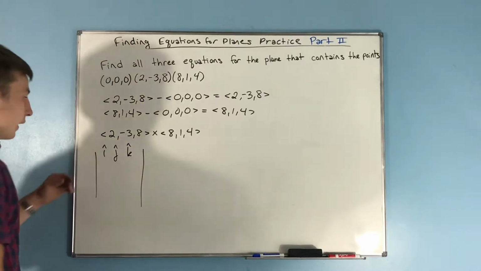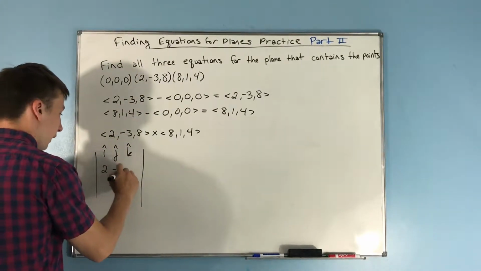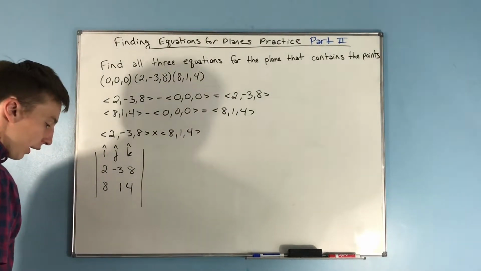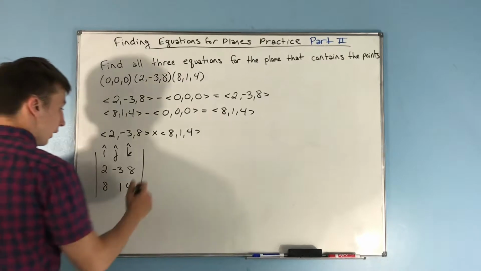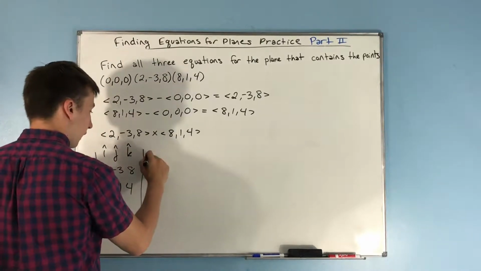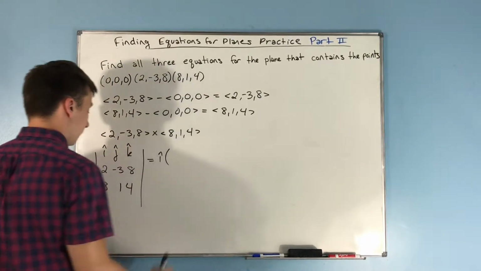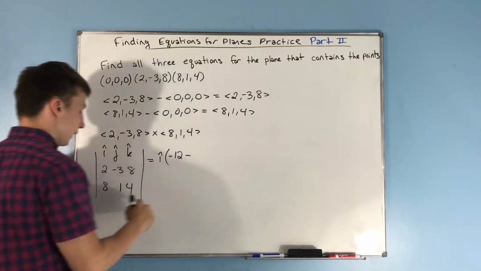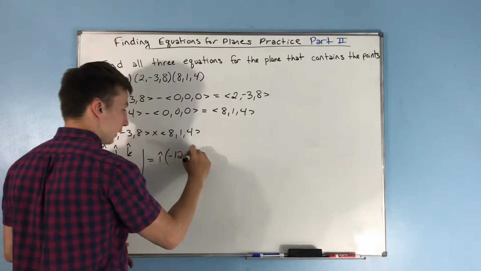i, j, k, and we have 2, -3, 8, and 8, 1, 4. Now computing our cross product, this is equal to i hat times (-3 times 4 is -12, minus 1 times 8 is 8).